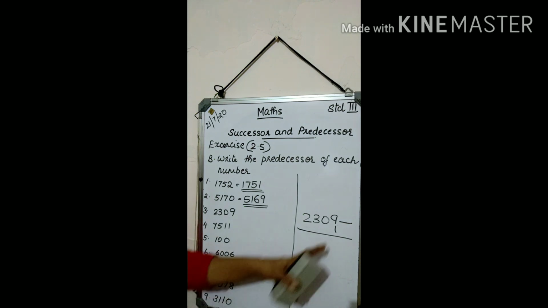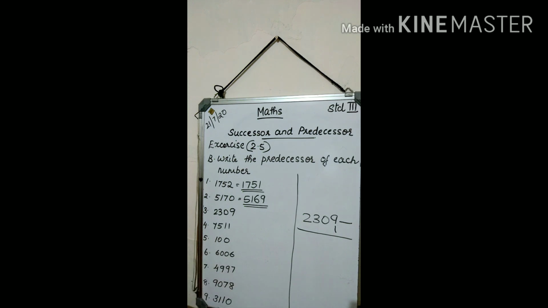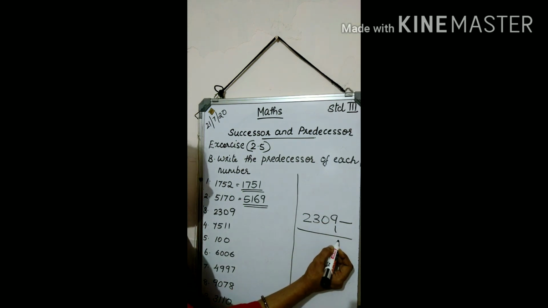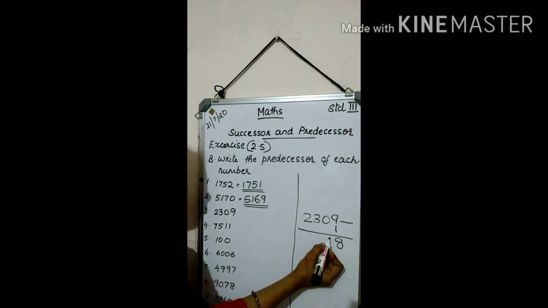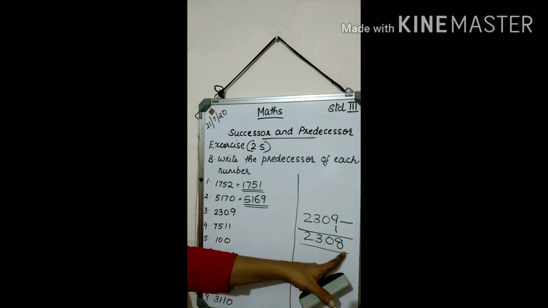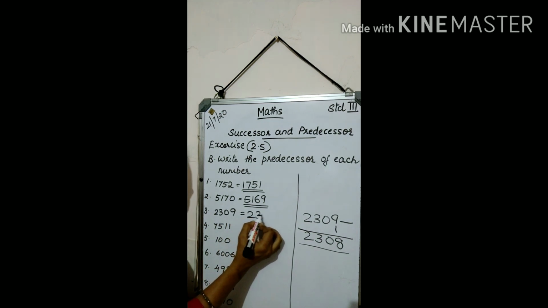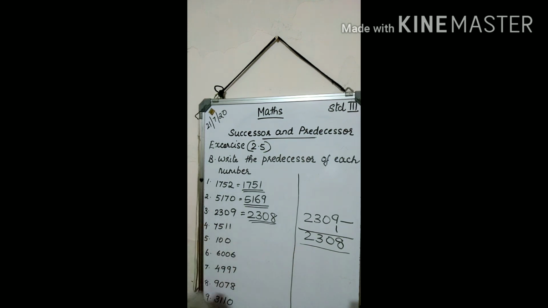What will you get when you subtract 1 from 9? Yes, you get 8. The 0 here, 3 here, 2 here. So the answer is 2308. Write down here 2308.